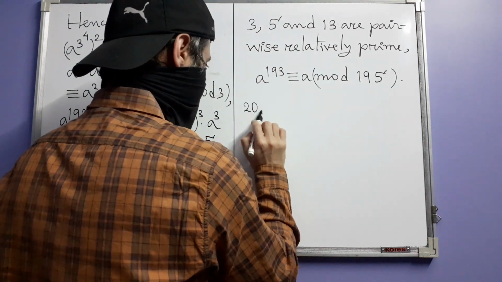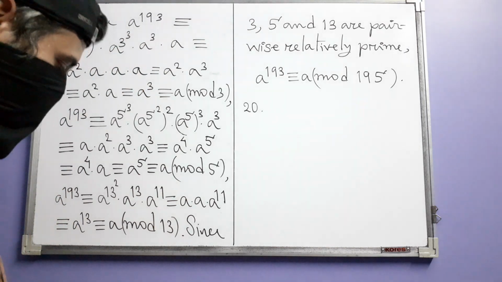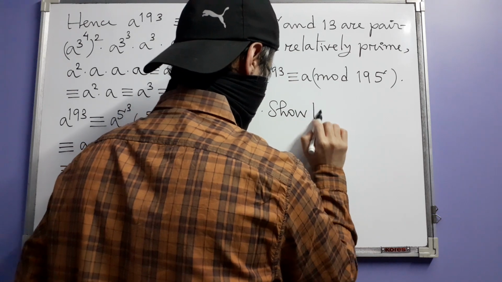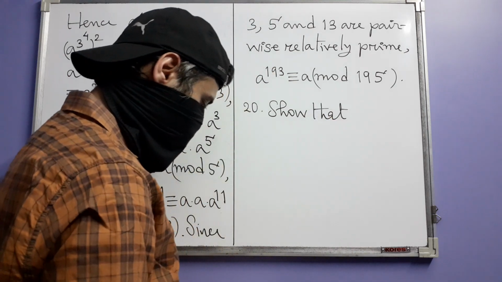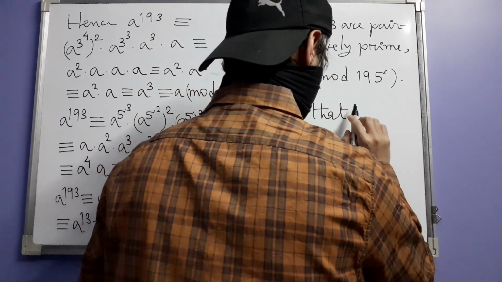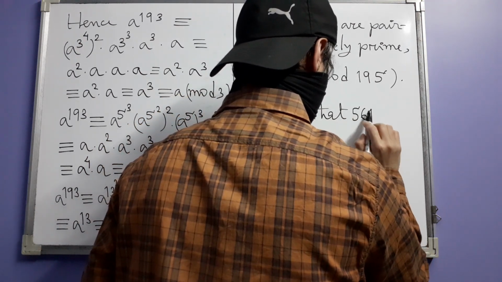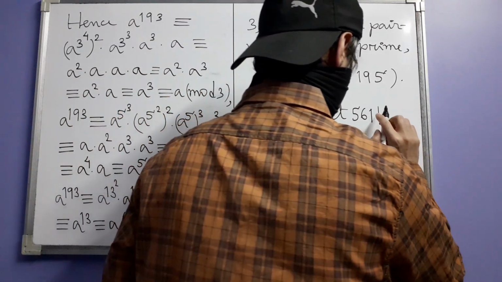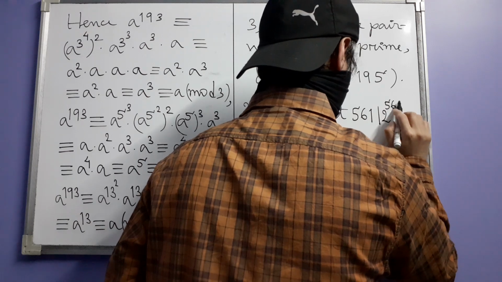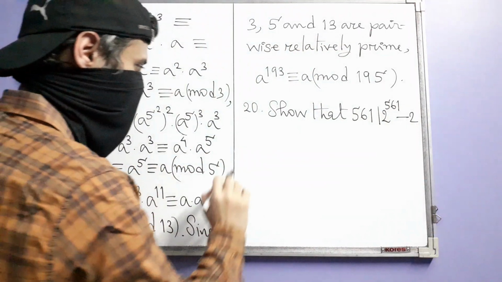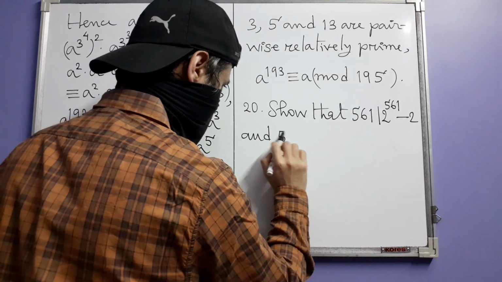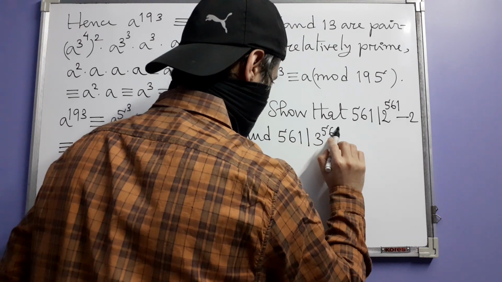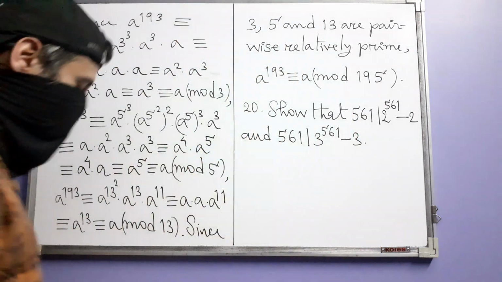Next, let us see 20, and with this the section itself will be over. Show that 561 divides 2 to the power 561 minus 2, and that same number also divides 3 to the power 561 minus 3.